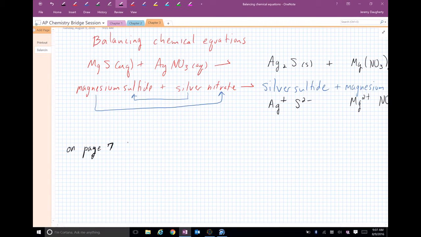Put group 1, NH4 plus, which is ammonium, and nitrate, are always soluble.